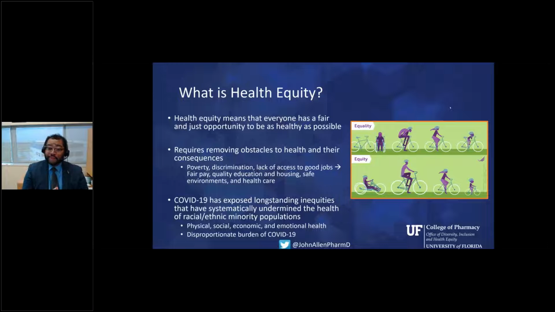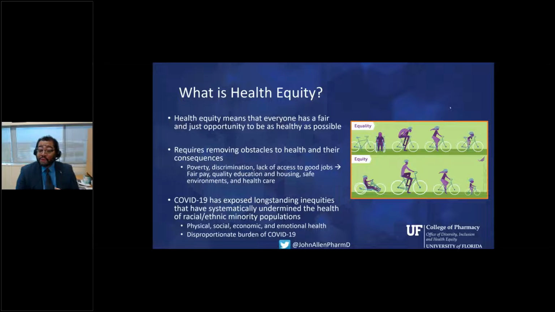However, as you can see from the figure from the Robert Wood Johnson Foundation, different folks have different needs. And so giving the same tools to everyone doesn't necessarily meet the needs of everyone. To achieve health equity requires us to remove obstacles to health and consequences of those obstacles.